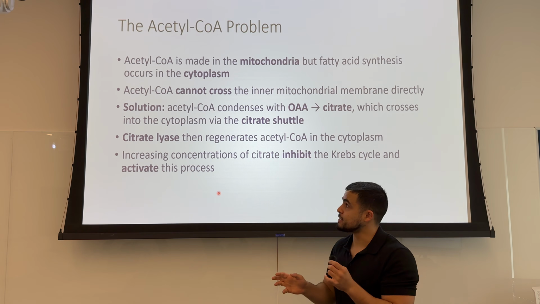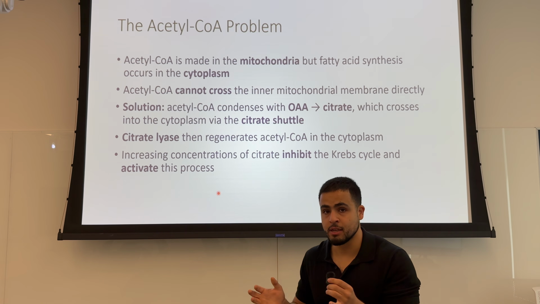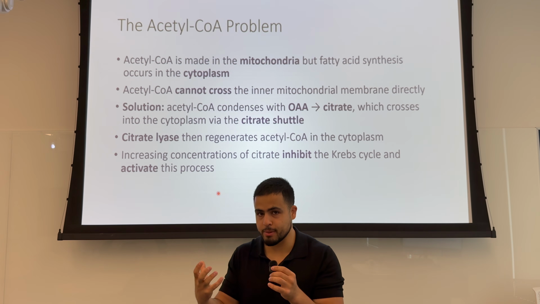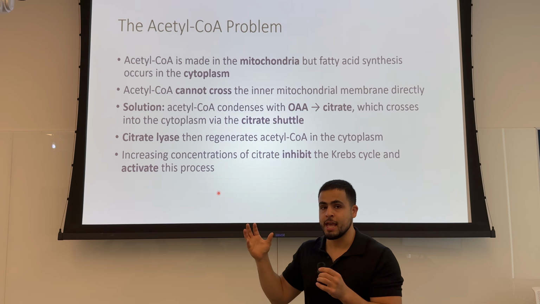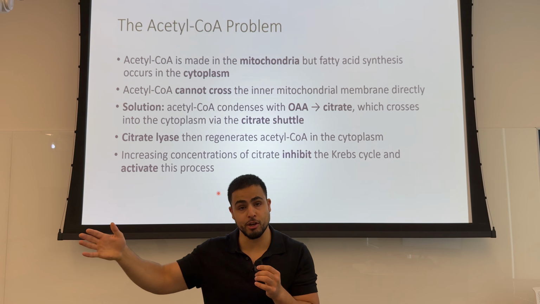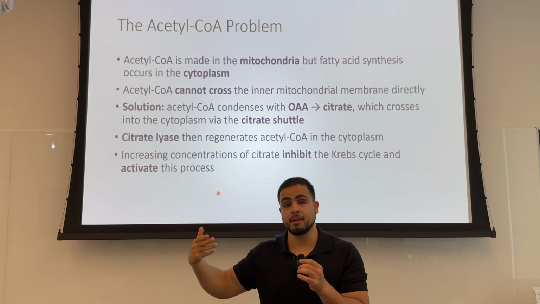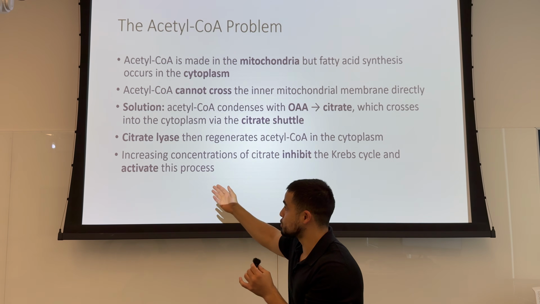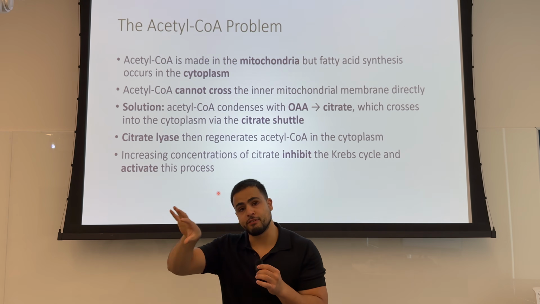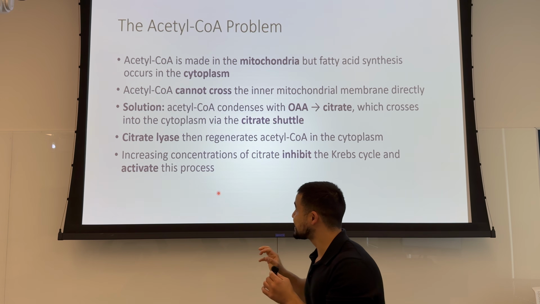So the solution is that you want acetyl-CoA to condense with oxaloacetate, which recall is the first step in the Krebs cycle, to form citrate. Then citrate, via the citrate shuttle system, can cross into the cytoplasm and be converted once again by citrate lyase into acetyl-CoA and oxaloacetate, so that acetyl-CoA can feed into fatty acid synthesis.